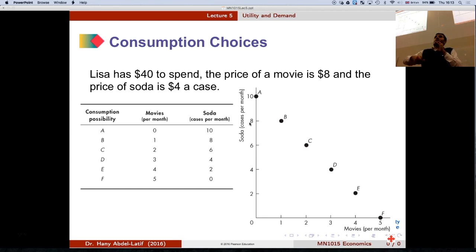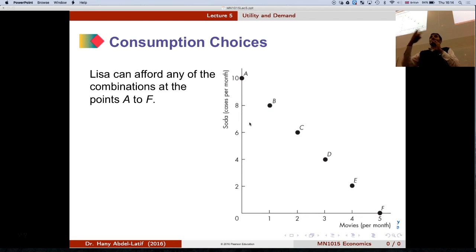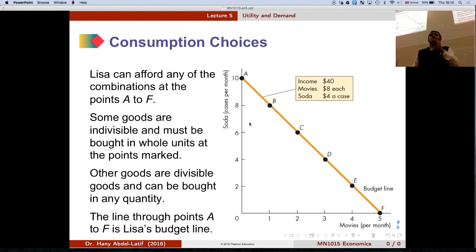Okay. So now, if we want to generalize this for any 2 products, we could have what we call the budget line. The budget line connects all combinations of these 2 goods that would cost you the same. So any point here will cost her $40.